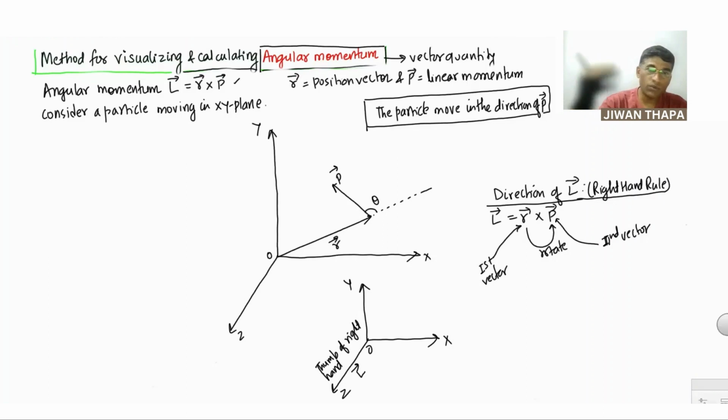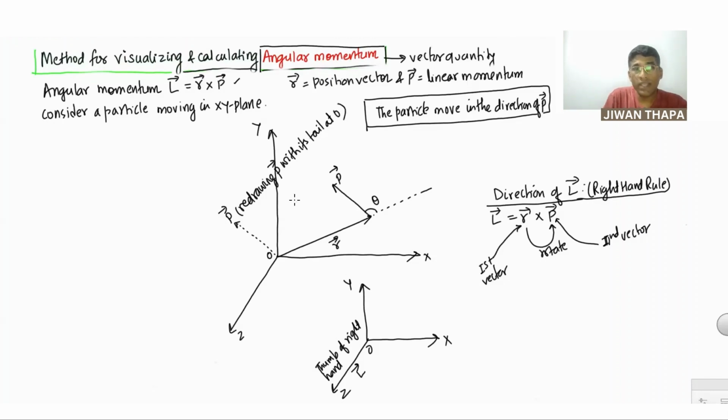Next, let us redraw linear momentum without changing its direction at origin. I am redrawing linear momentum with its tail at O, or we can simply push this linear momentum without changing its direction to the origin.